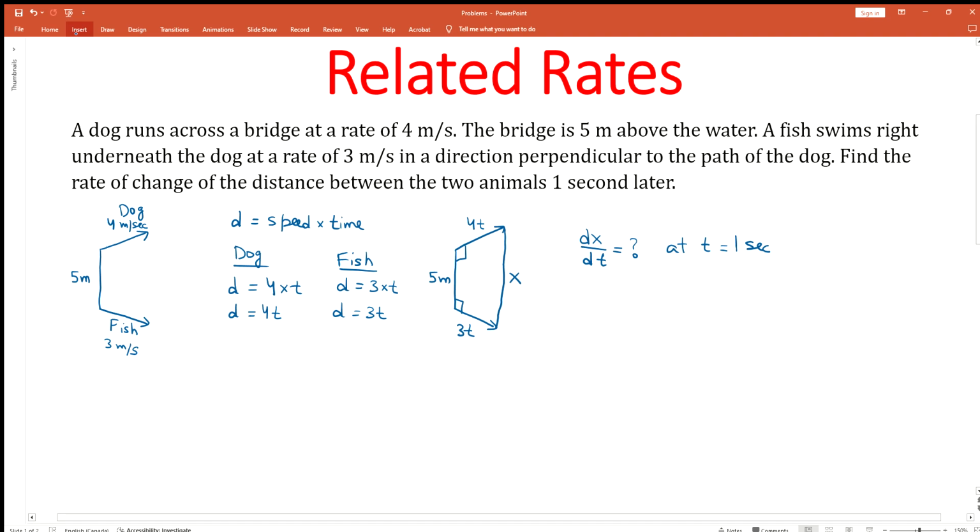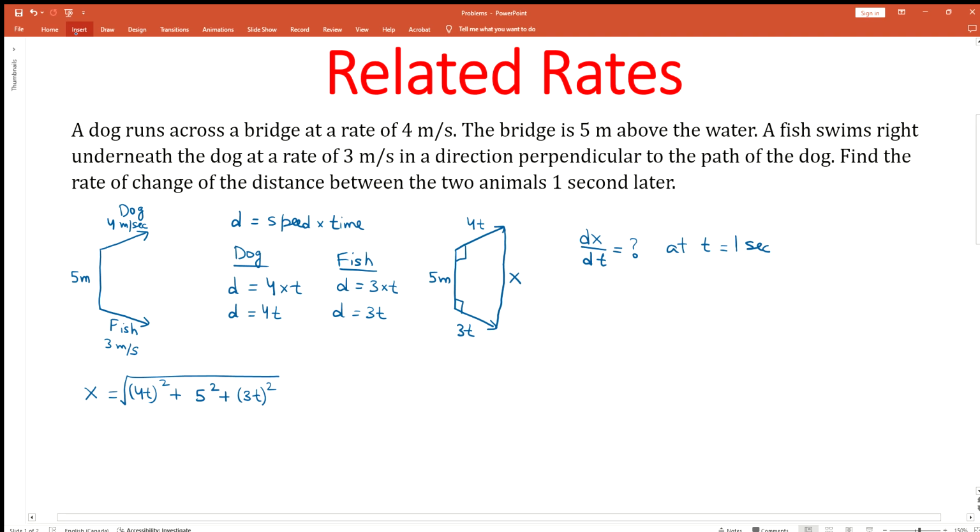There is a very important concept we need to understand and memorize. Therefore, we can use the Pythagorean theorem for 3 dimensions to write an equation for x. The equation is x equals the square root of (4t)^2 plus 5^2 plus (3t)^2.